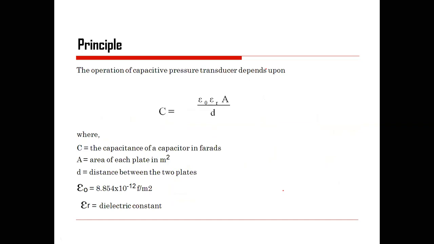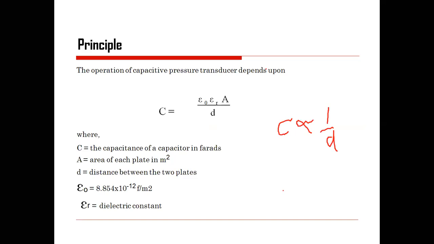So capacitance is inversely proportional to your displacement. Epsilon 0 and epsilon r are the dielectric constants. 8.854 multiplied by 10 raised to the power minus 12 farad per meter is epsilon 0, and epsilon r is the dielectric constant, depending on what dielectric we are using. But the significant point I want to highlight is that C is inversely proportional to d.